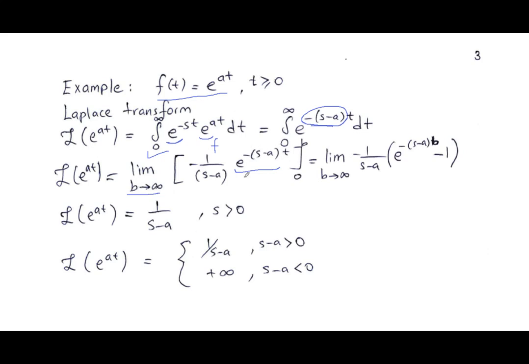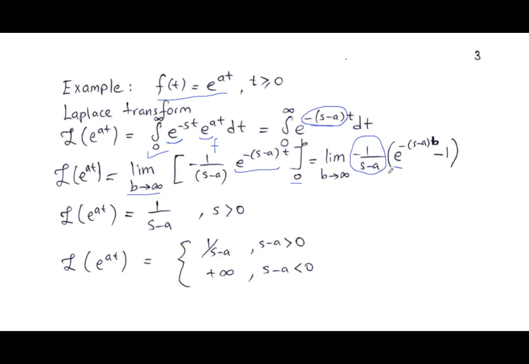So if we evaluate this expression, instead of t, we plug in b. And if we plug in 0, this is going to be e to the power 0. So we write that as e to the power minus s minus a b minus 1. And we still have this negative coefficient outside of this expression.